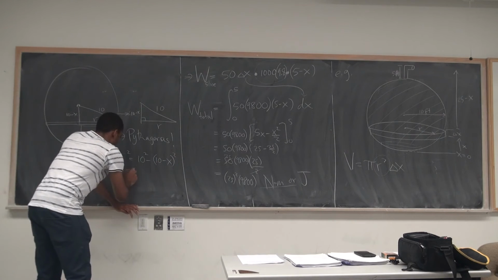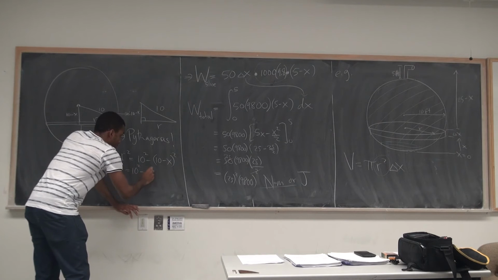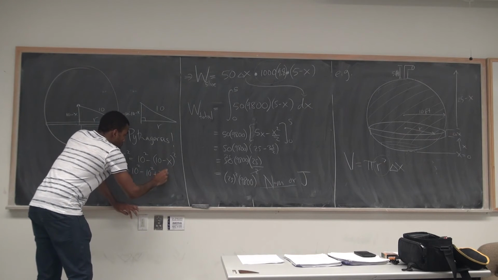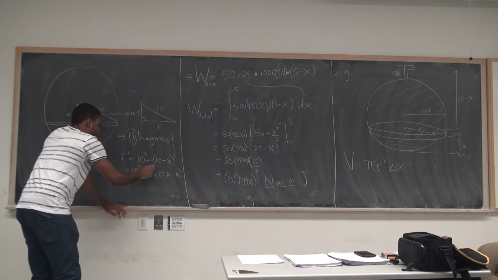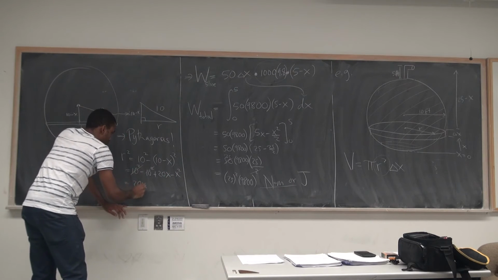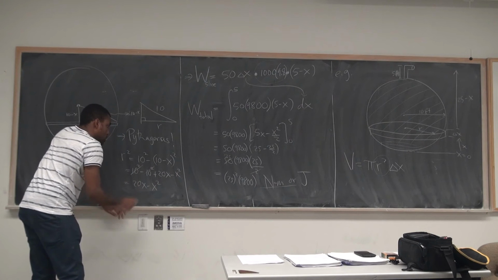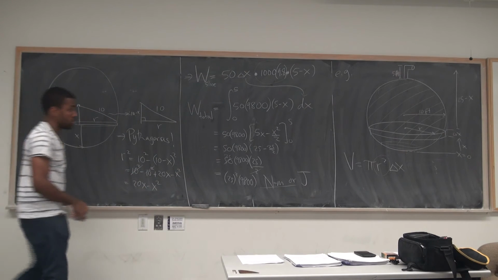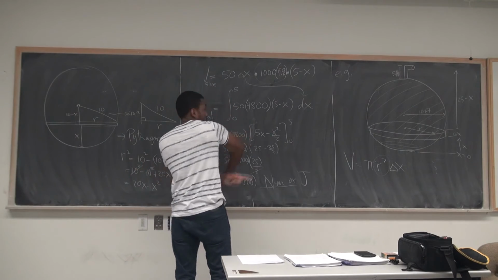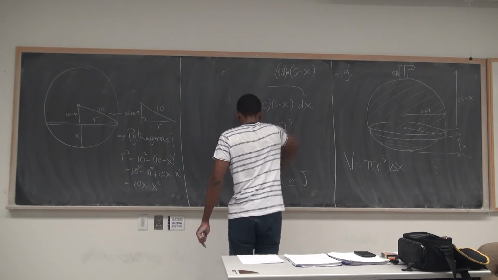We can probably simplify this. So this is 10 squared minus 10 squared plus 20x minus x squared. The 10 squares cancel. It's just 20x minus x squared. So that's my r squared. Now I just substitute that into the volume. Plug and chug.